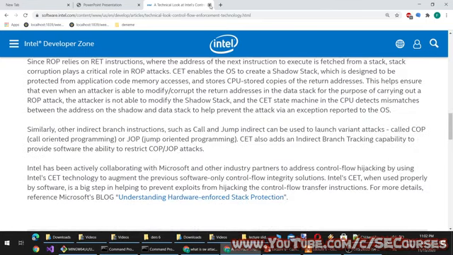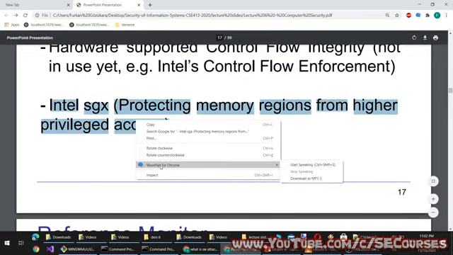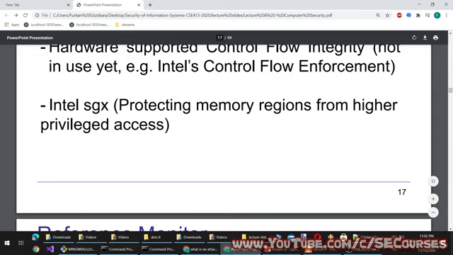Okay, anyway, you can read about it if you want. Intel SGX: protecting memory regions from higher privileged access.